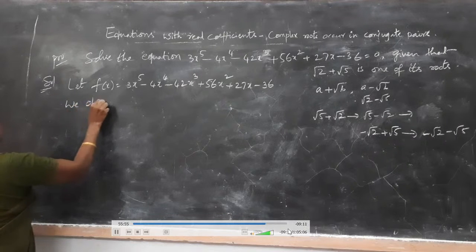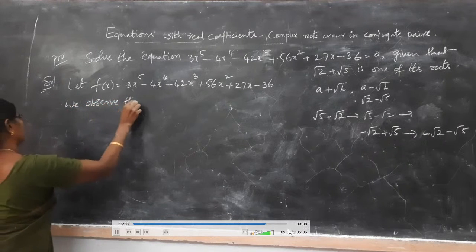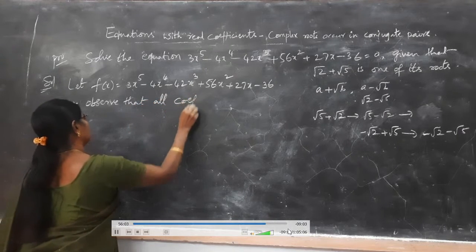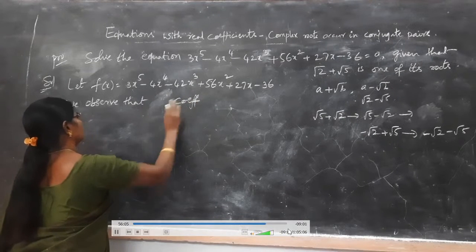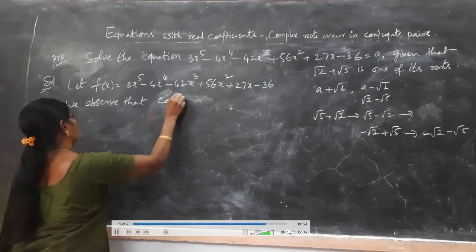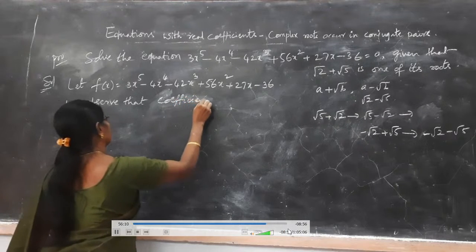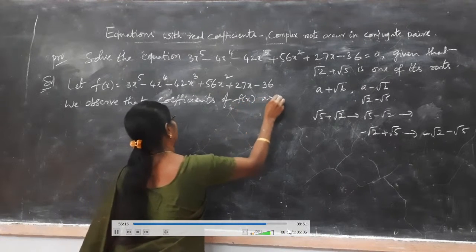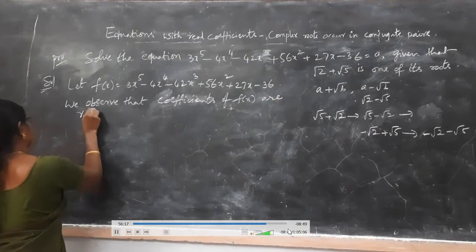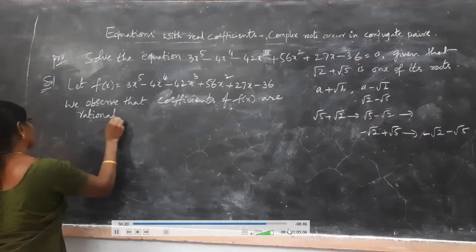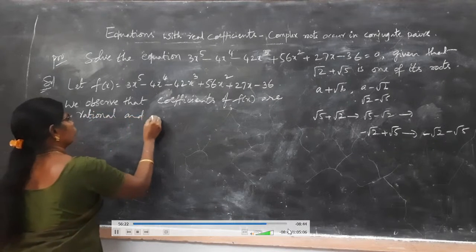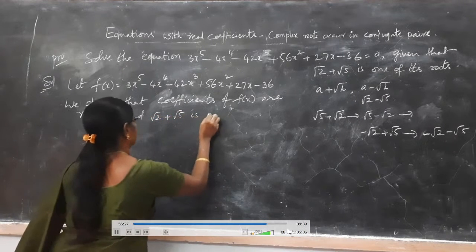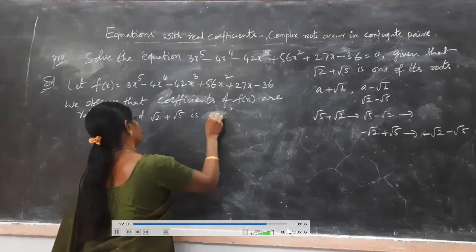We observe that the coefficients of fx are rational and root 2 plus root 5 is a root.